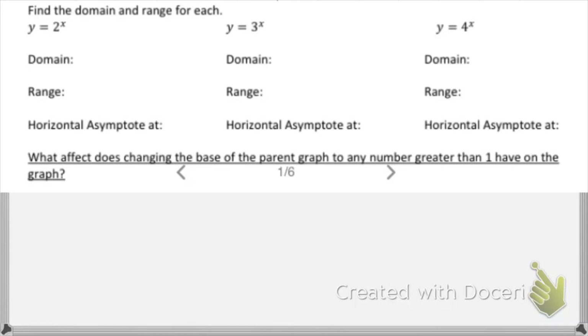So the domain is negative infinity to infinity for all of them. Oh, sorry, I messed up a comma here.